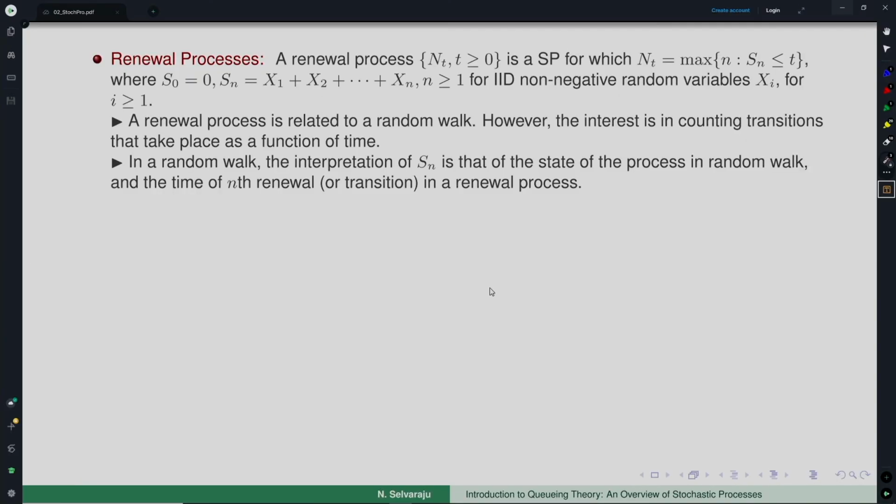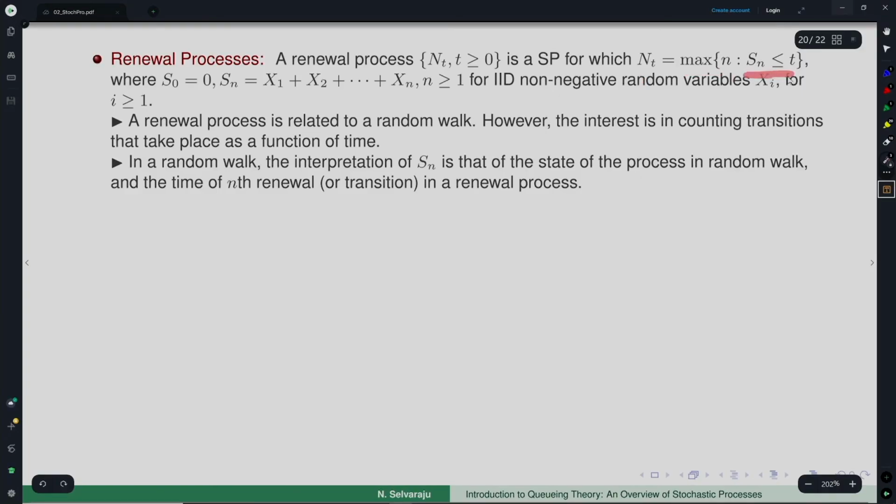As opposed to the random walk case, a renewal process looks almost the same. If you look at this description, S0, Sn and n, these are all IID non-negative random variables Xi. It looks like the same quantity. But in a renewal process, the interest is in counting the transitions that take place as a function of time: the number of events that have happened, not the position of the process at that point of time.